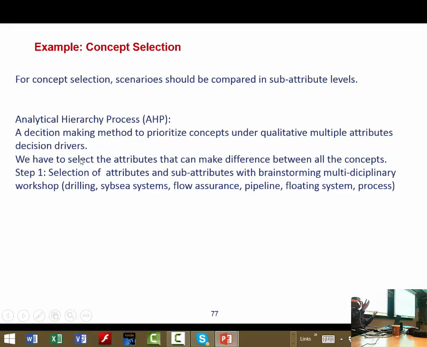When you have 3 concepts and you have to compare them against 8, 9, 10 different quantities or properties, better to say, in this step we first have to select the attributes that can make a difference between these concepts. Otherwise, you have to evaluate all the concepts similarly.